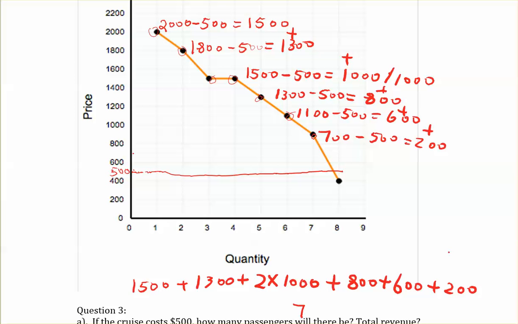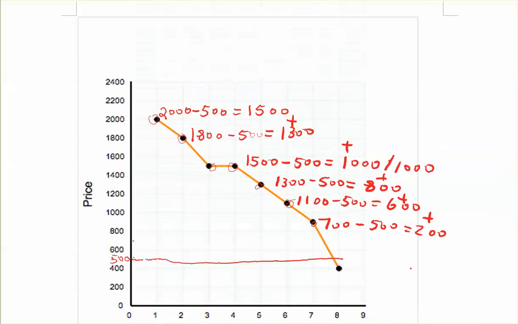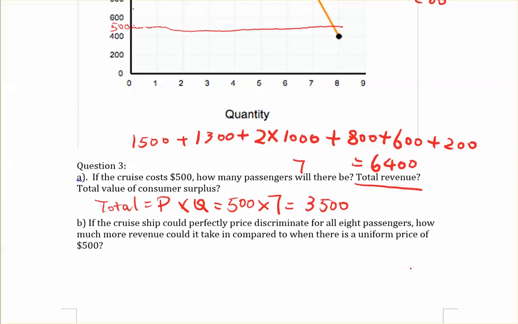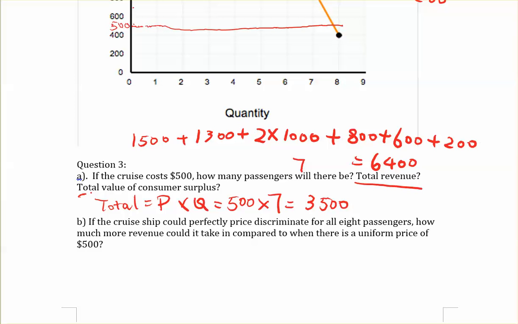Now you can use a calculator to get the final answer: 1500 plus 1300 plus 2000 plus 800 plus 600 plus 200. Then you get the consumer surplus in this market under the market price of $500, which is $6,400. So $6,400 is the answer for the total value of the consumer surplus.